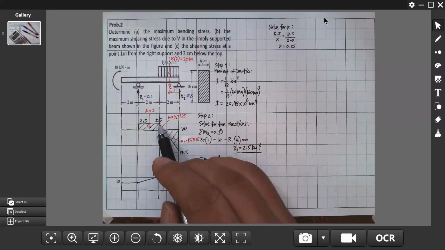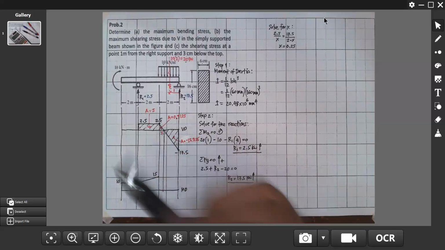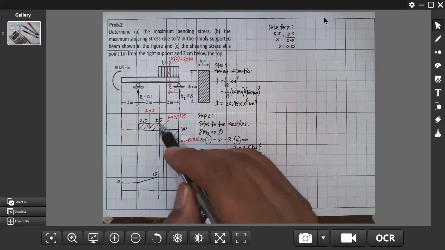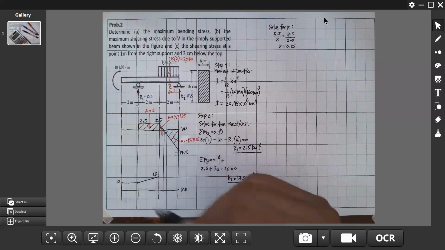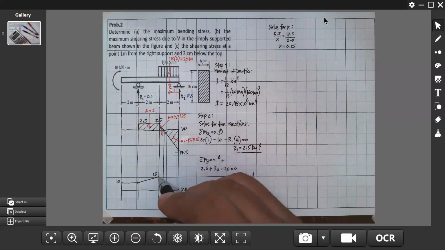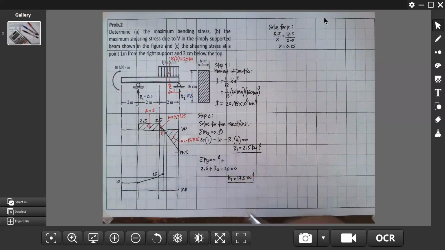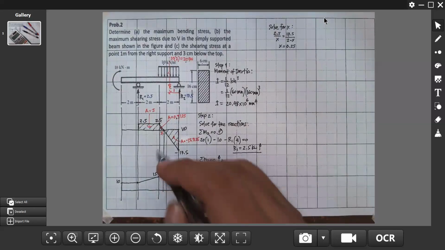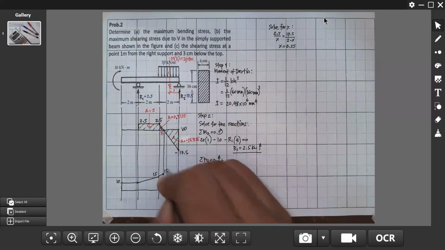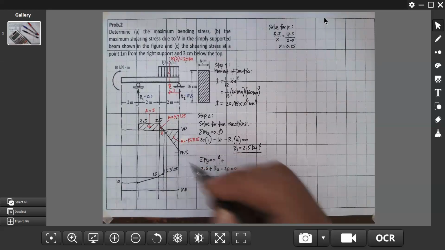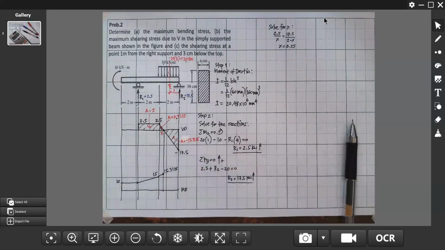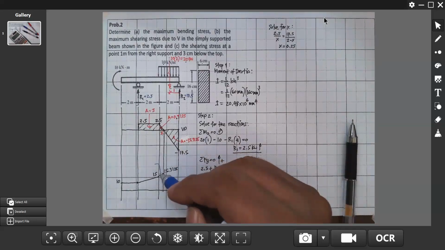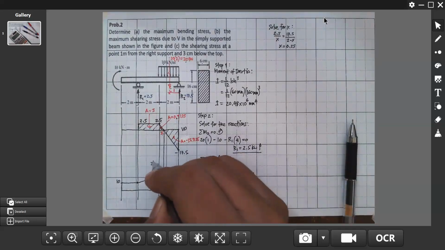The curvature of the moment is concave upward going down, but since it's positive, we mirror it. This is second degree, and the value is 15 plus 0.3125.